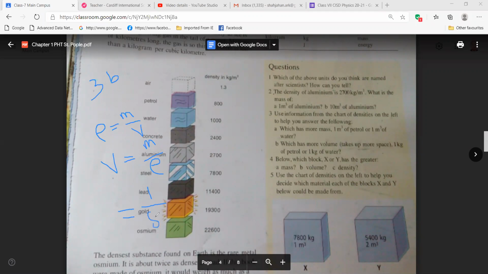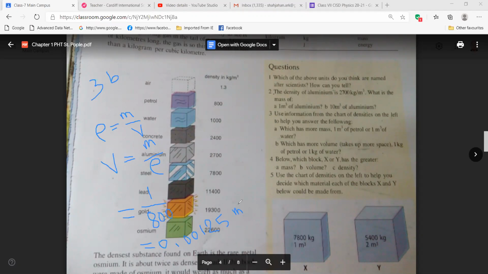So 1 by 800, how much? 0.00125, and the unit should be what?